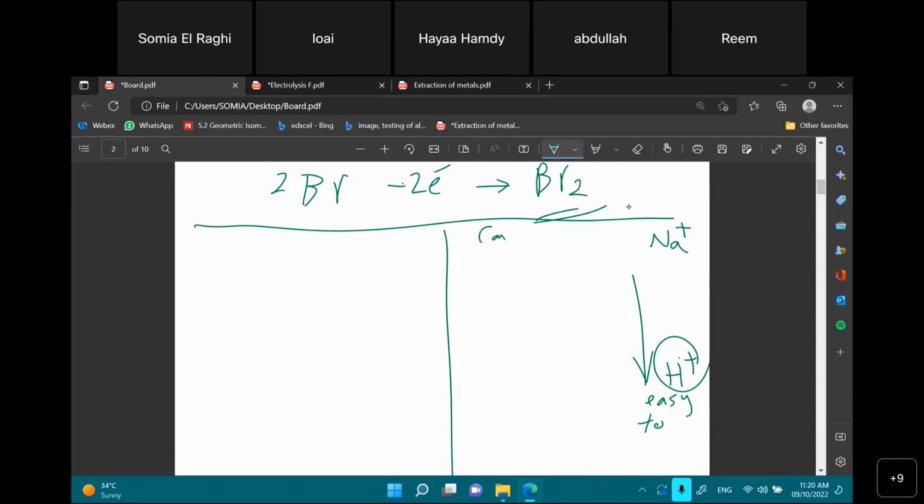If I'm writing now the anions for concentrated salt, we said here the chloride ion with hydroxide on the top. If you study that, it is more than enough to answer the question. So chloride will always go toward the anode if I'm talking about concentrated sodium chloride.